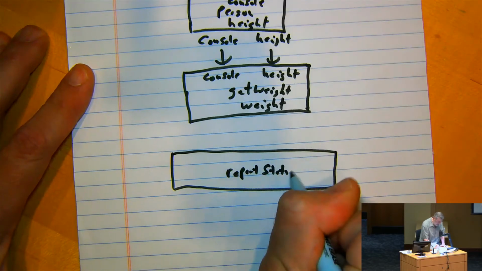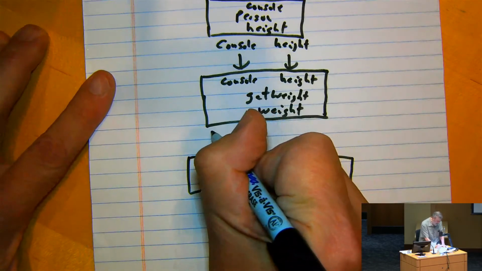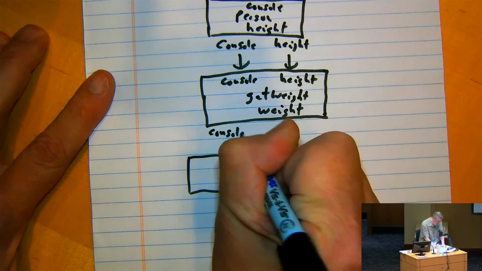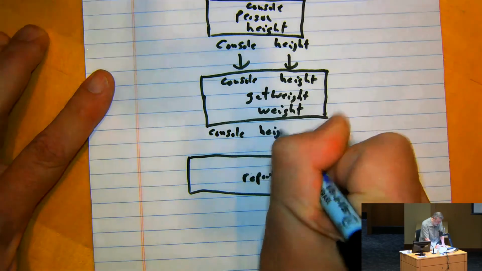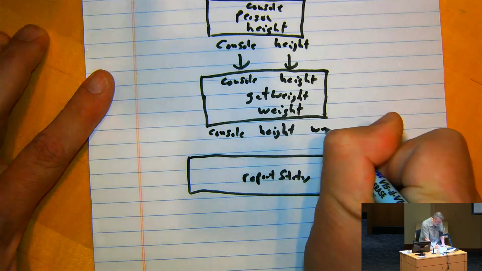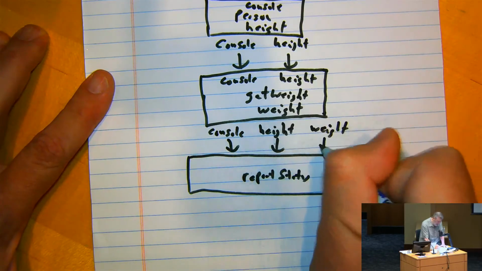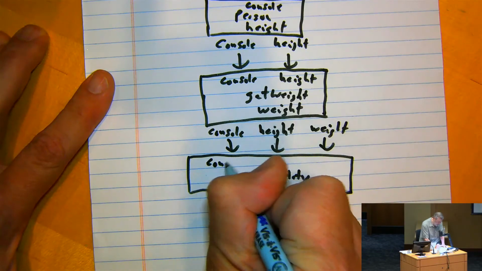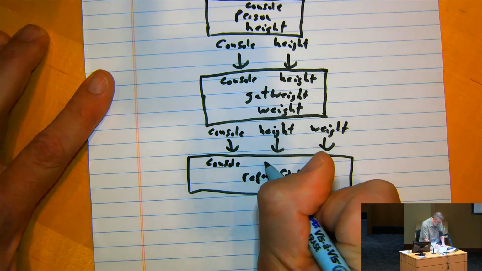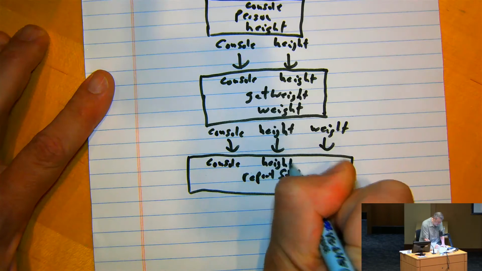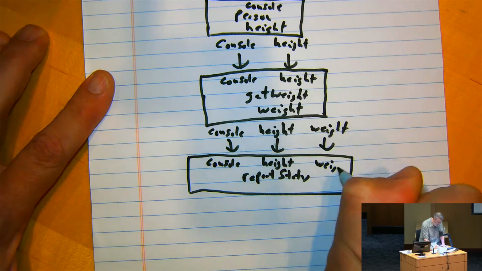And the reportStatus method is passed the console scanner, the height, and the weight. It's passed all three of these things as parameters. So all three of these are passed into the method to things with the same name. Console and height and weight are passed in as parameters.